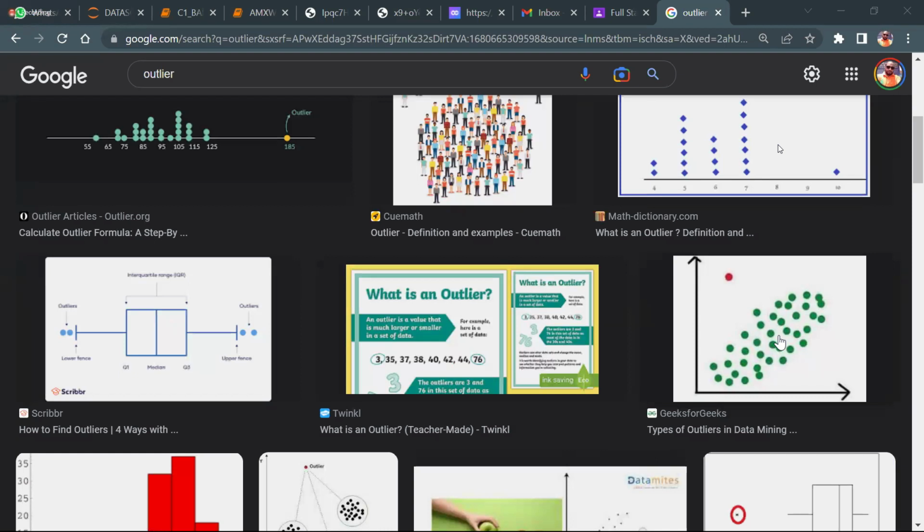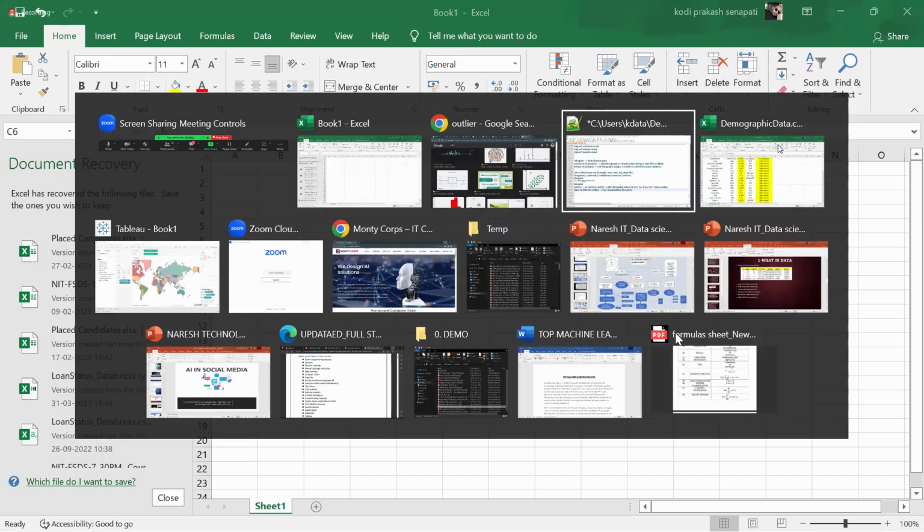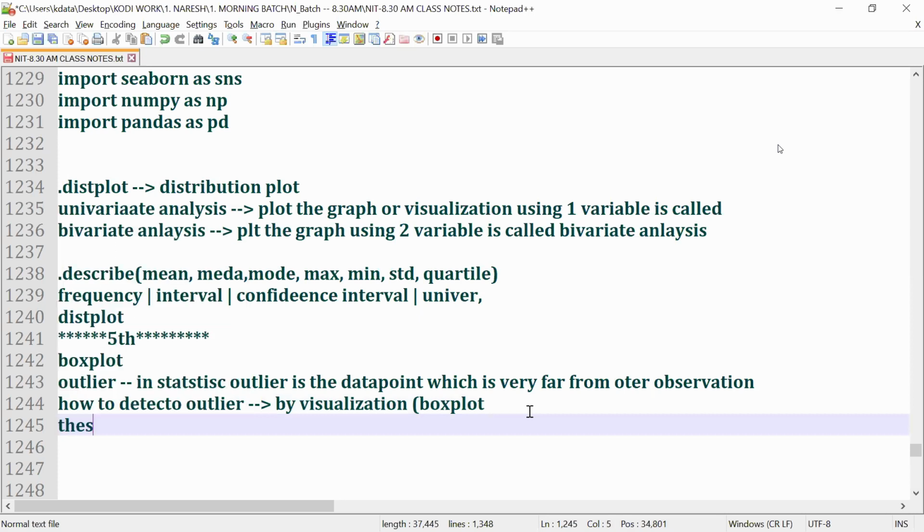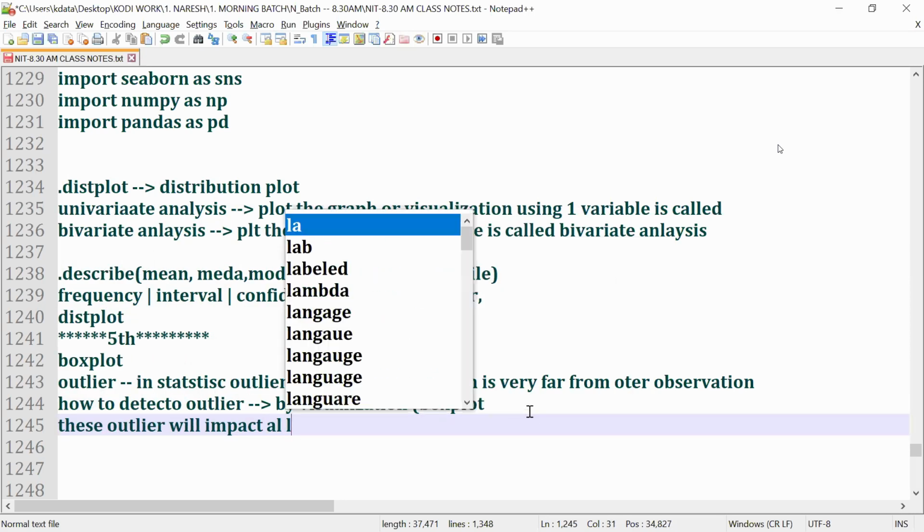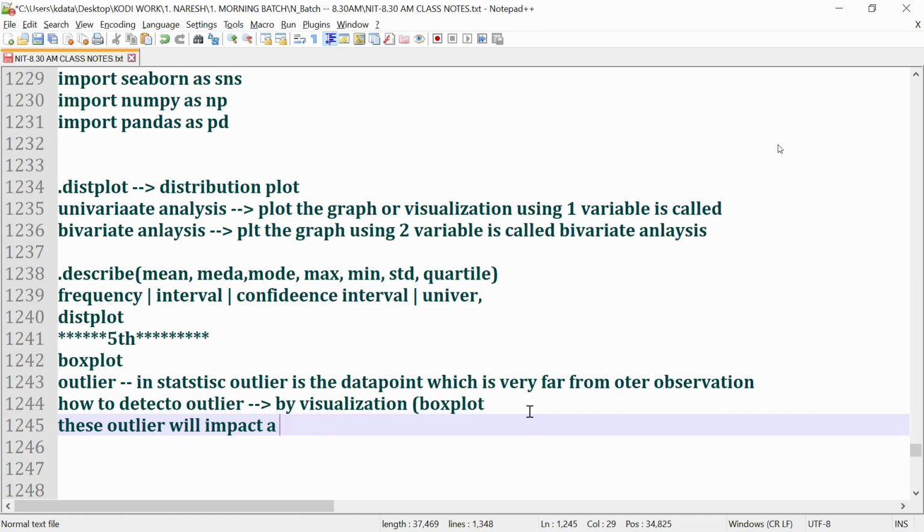Sir, why are we learning this? Is this valid? 200% valid. Understand? So now let me tell you. These outliers will impact a lot while we compute mean. I will give you an example.